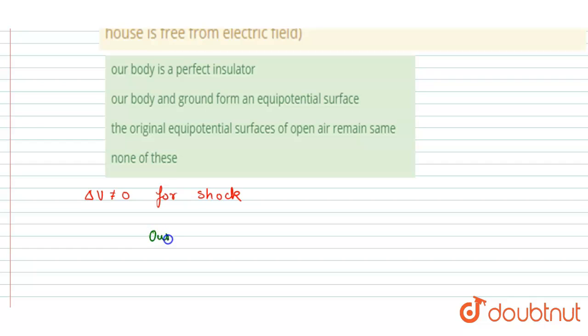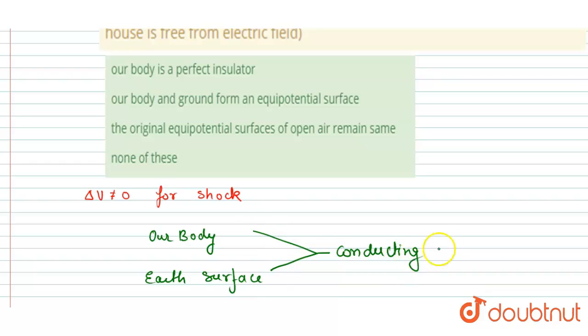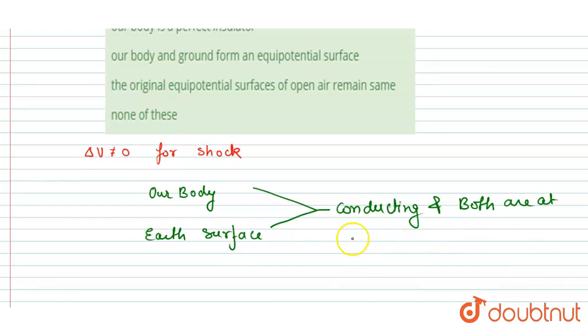So I will say our body and earth surface both are conducting, and both are at the same potential.